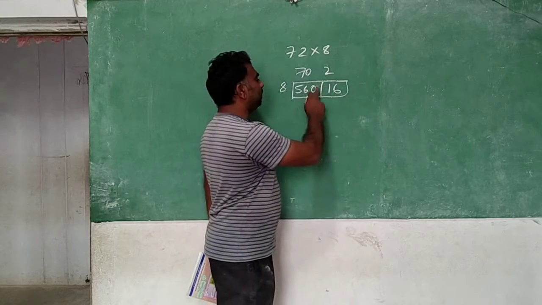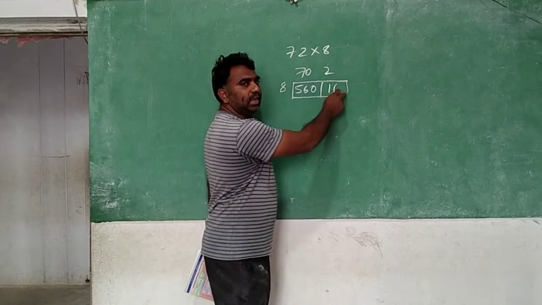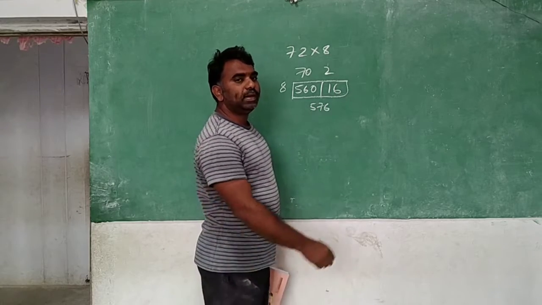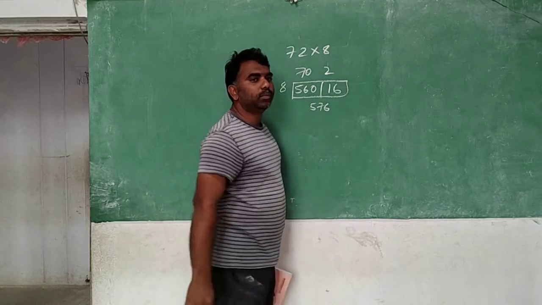Now 560 and 10 is 570, and 6, 576. So this is the way of splitting the numbers and multiplying them.